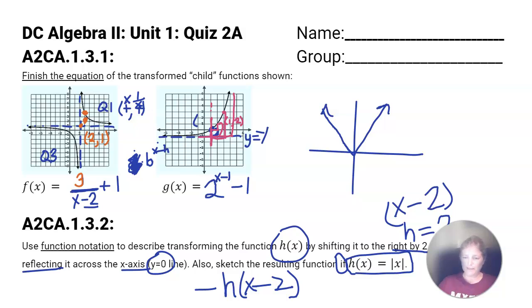If my parent looks like that, I shift it to the right by 2. So there's a point now over here, and reflected across the axis. So it's going to go like this. Now it's important that I label this point as 2.